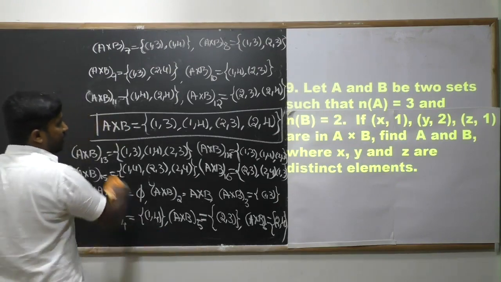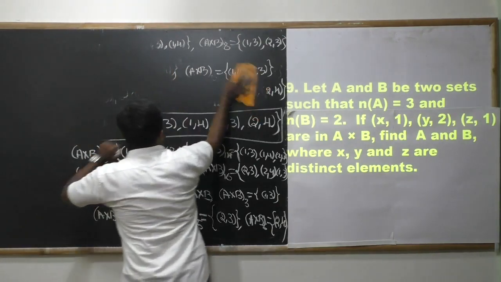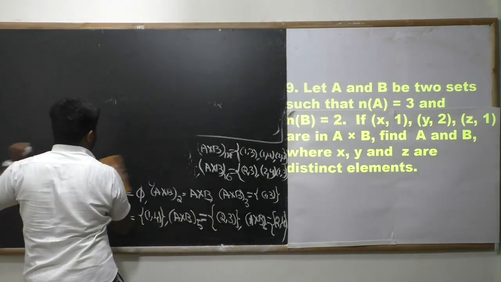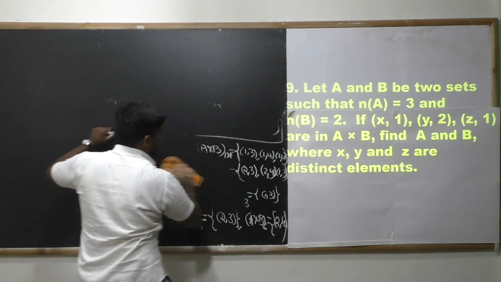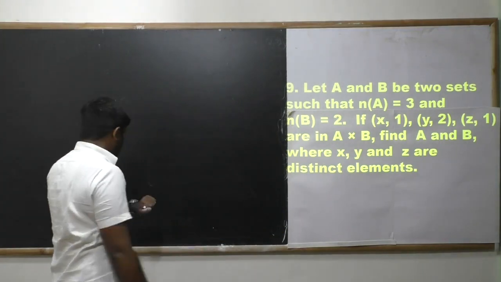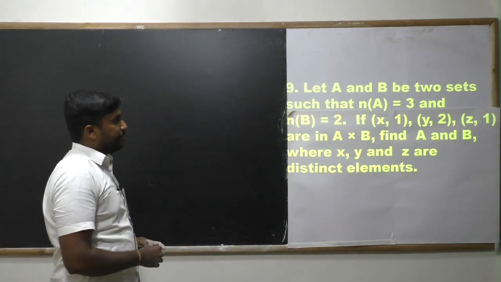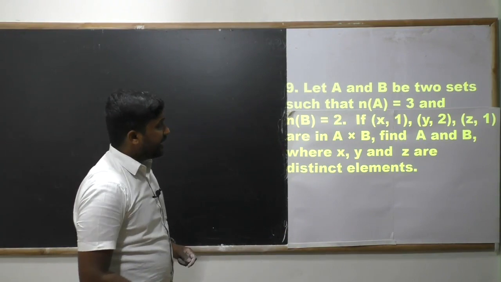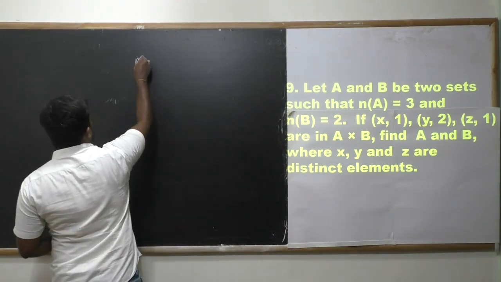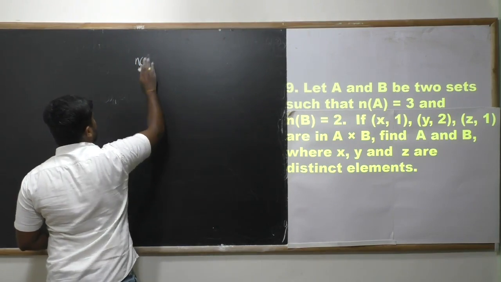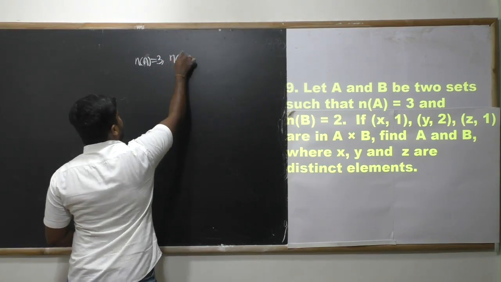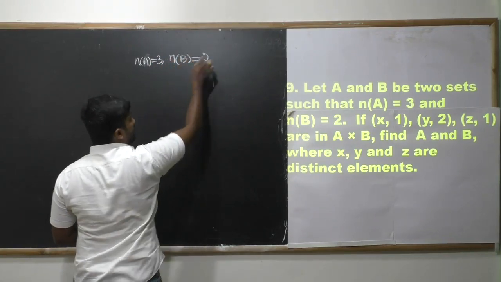Next, 9th question. Please read question number 9. Let A and B be two sets such that n of A is equal to 3 and n of B is equal to 2.